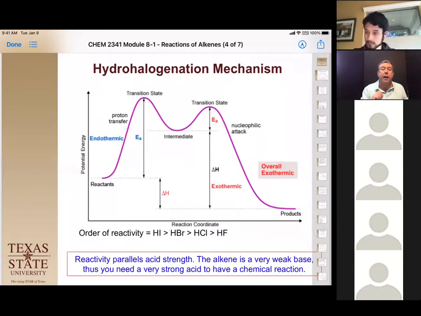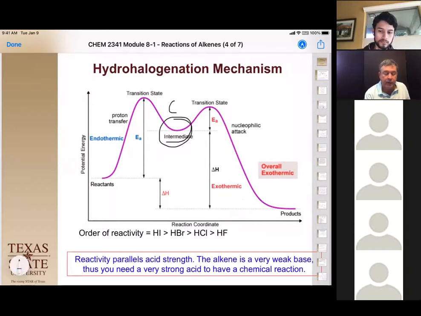It's reaching out and grabbing that hydrogen. When it does that, those electrons from the double bond are used to create our new sigma bond, which gives us our intermediate here, which is our carbocation. Then that carbocation has to fight through a little bit of electrostatics to get to the transition state where the electrons from our nucleophile are going to come in and create our new sigma bond. And then that cascades down into products.